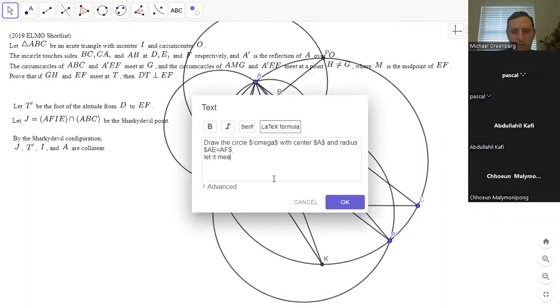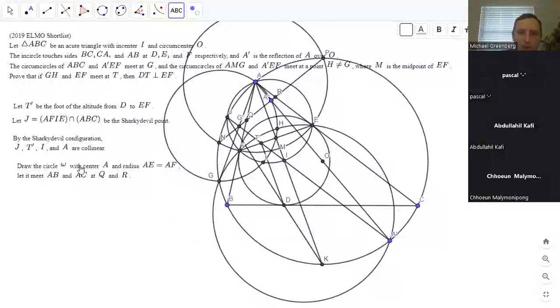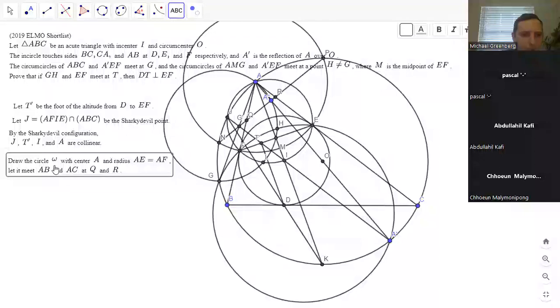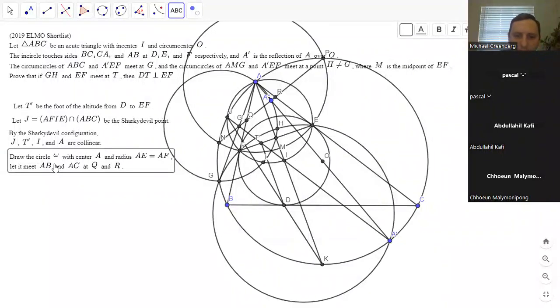Let it meet AB and AC at Q and R. And then by an easy angle chase, we have angle ANP is equal to angle ABN. And so triangles AQN and ABN are similar.